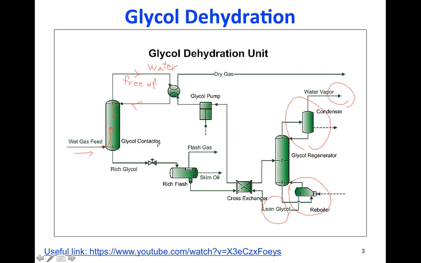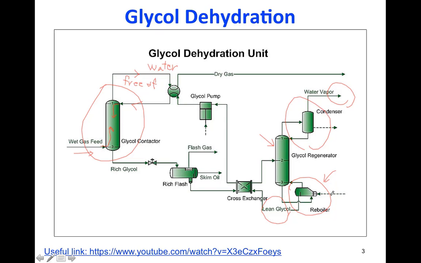Okay, so I'm gonna talk a little bit about this part here, and this reboiler, the operating condition of this still column. So those are the main components that we need to consider when we are designing this process. The glycol contactor is an important piece of equipment for which we need to adjust the operating conditions, let's say pressure and temperature.